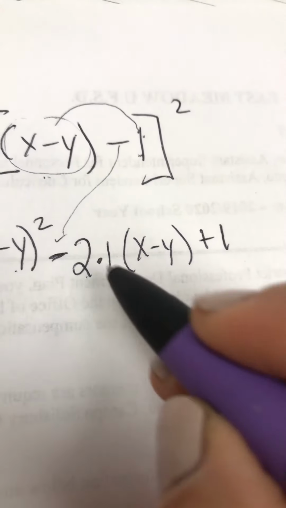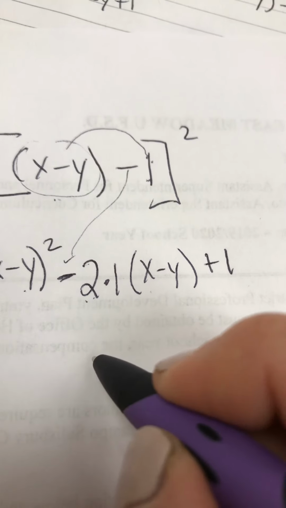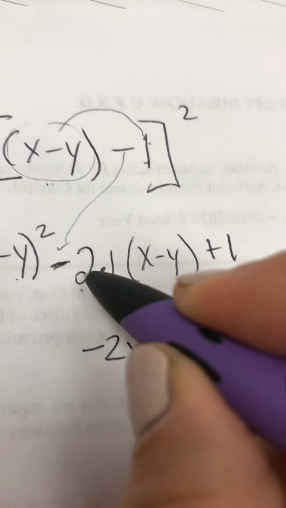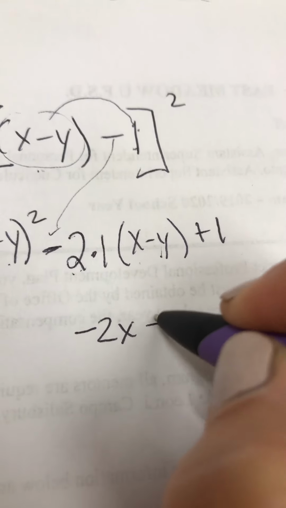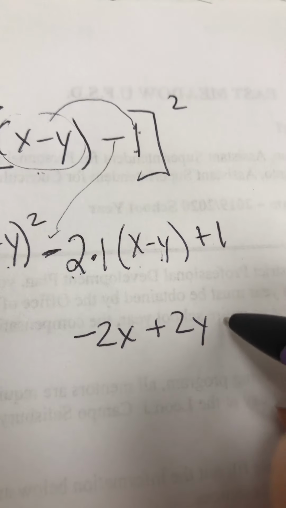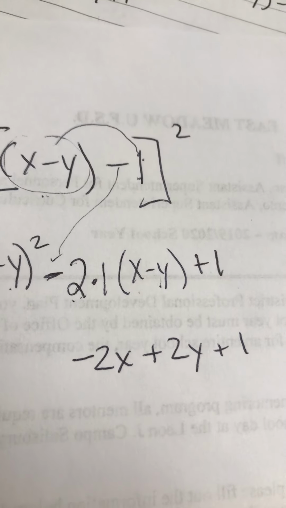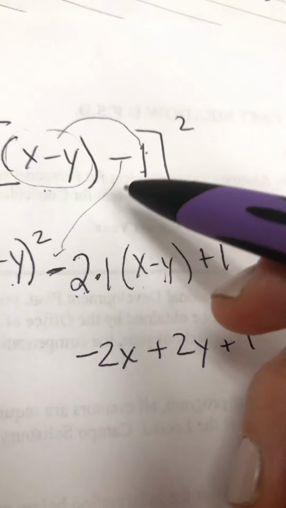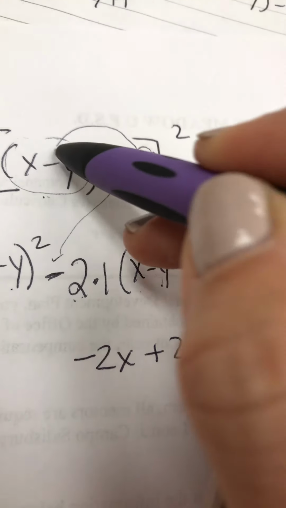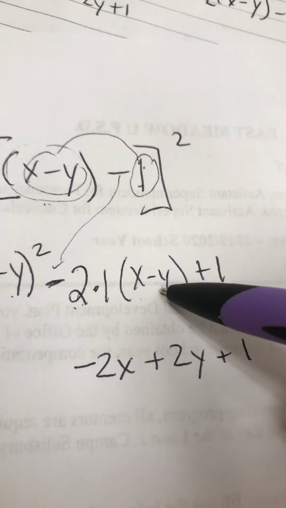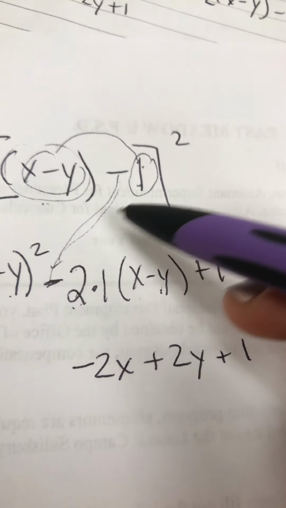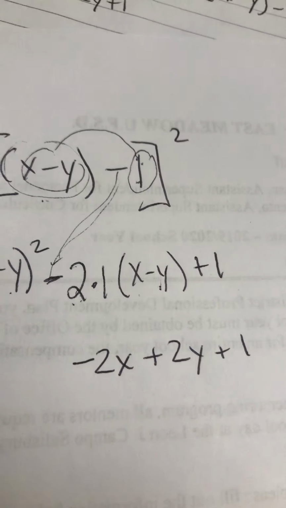So that's really negative 2 times x and negative 2 times negative y, and then the plus 1. Okay? So here is basically 1 times this. There's that product, and the negative, and there's two of them. Okay? That's where that came from.